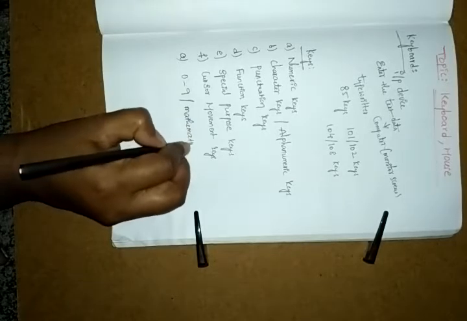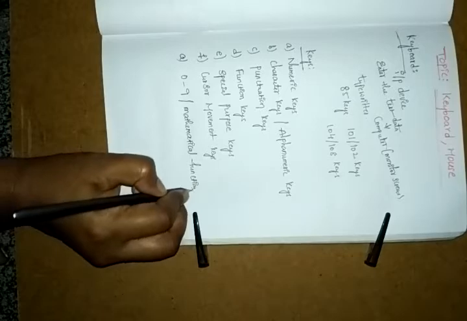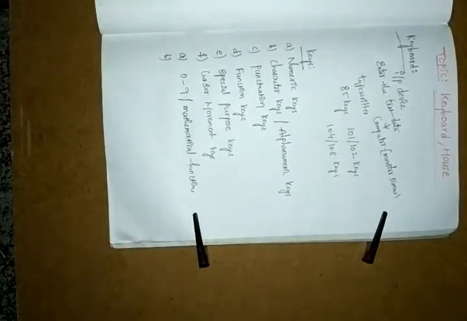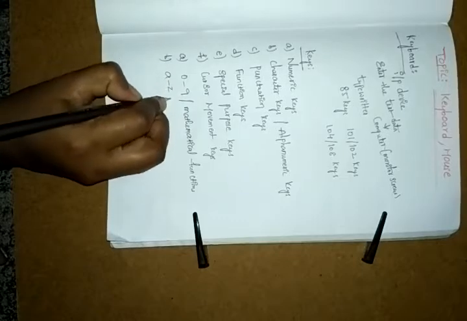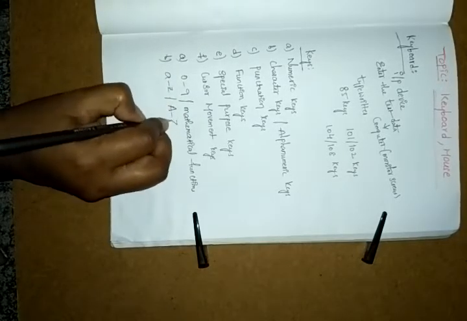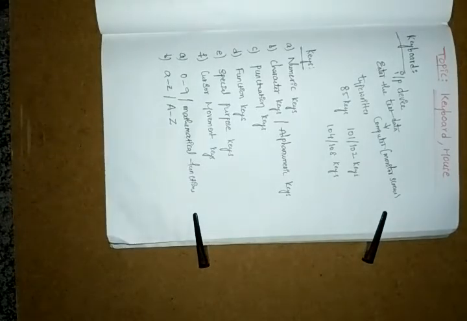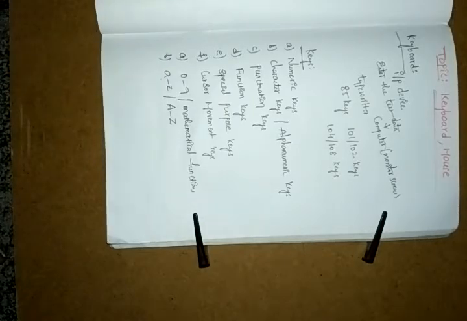Next we have the character keys, which have A to small z, or A to capital Z. Once you press, it will automatically take the small A to Z.